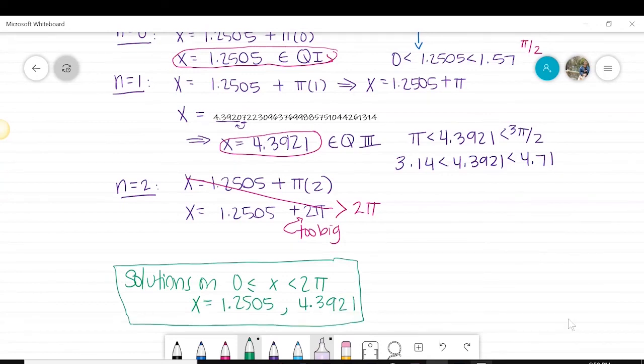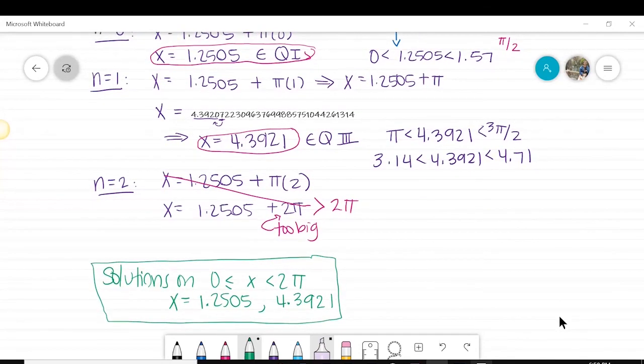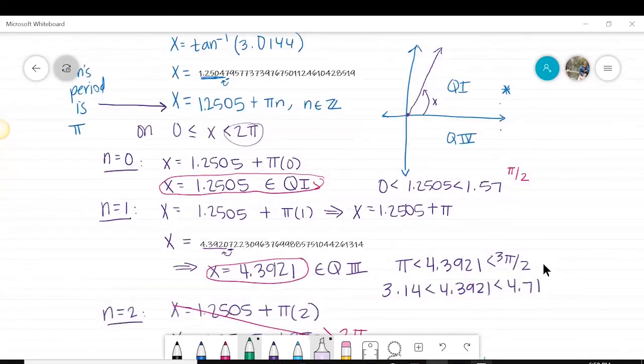The only other thing I want to mention, because I've talked about this in other questions as well, is remember we've talked about those general solutions, right? The ones that are kind of representing any potential answer, not just one specific one. Well, that would take us back to our original solution, all the way at the top. 1.2505 plus pi n for n belonging to the set of integers.